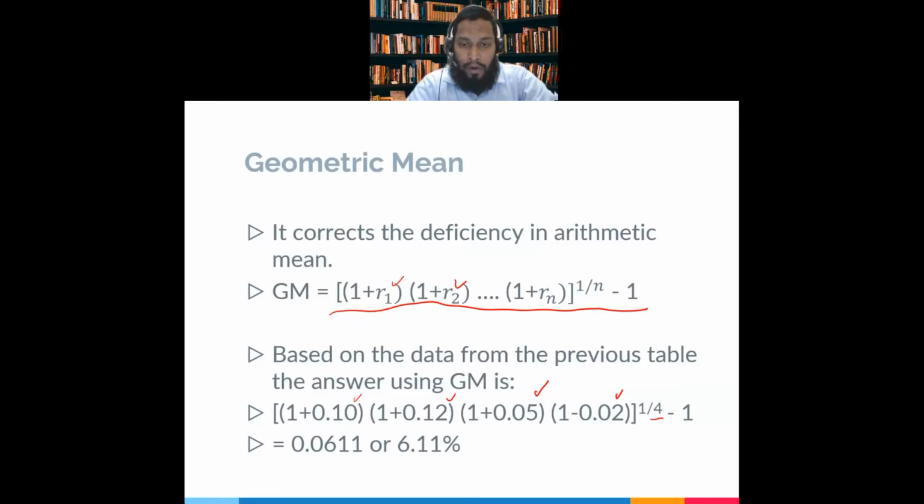So if we multiply all these and then to the power 0.25 minus 1, we'll get the answer 0.06, which is actually 6.11%. We just need to multiply by 100 if we want to make it a percentage.